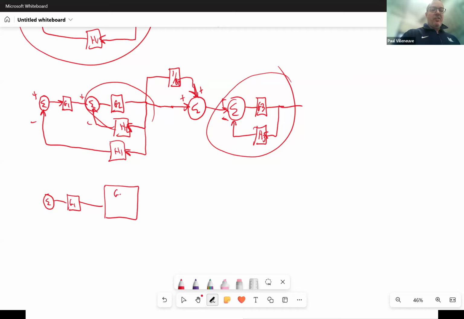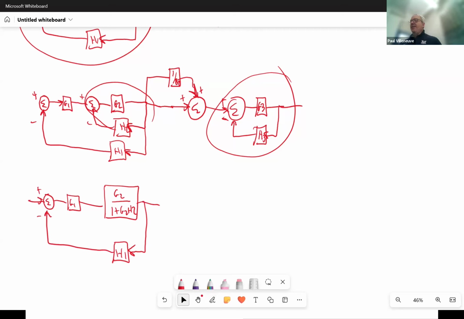So it is G2 over 1 plus G2 H2. I still have my H1 summer over here, plus to minus. This over here, now I'm going to combine this as in one step here, so I can combine that one.